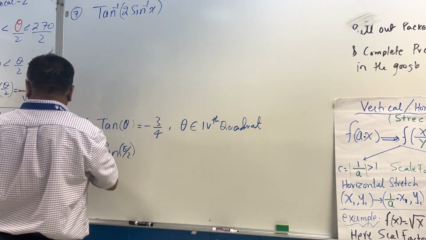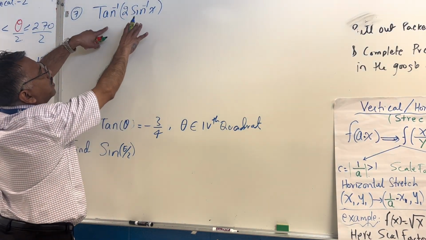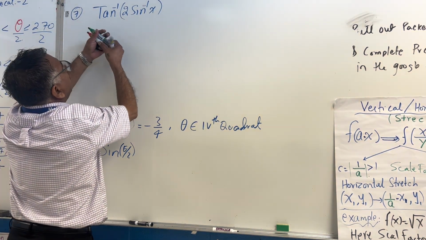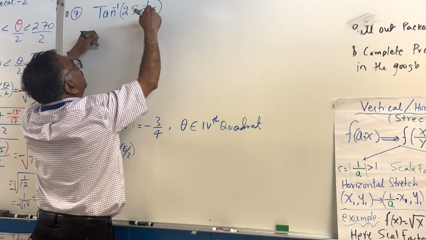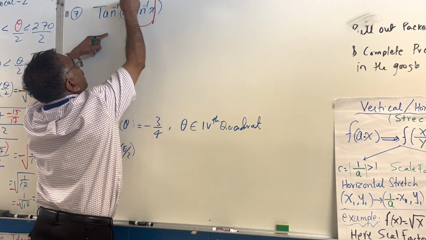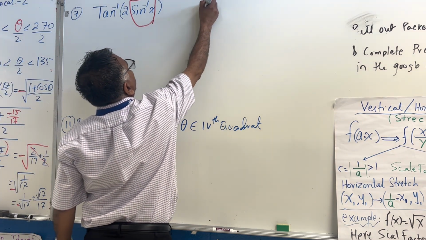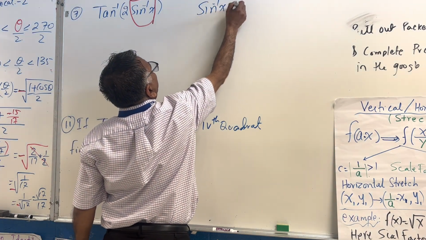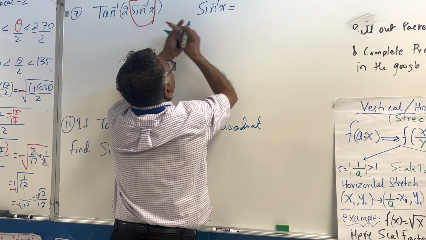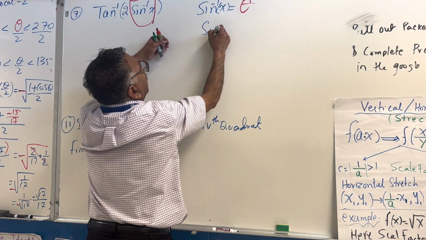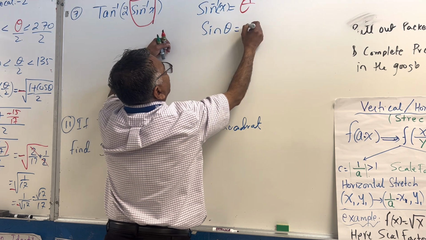Look at this. You need to figure this out. This is an expression in x. So first, let me put this part as theta. Let's put sine inverse of x equals theta, and by definition it becomes sine of theta equals x.